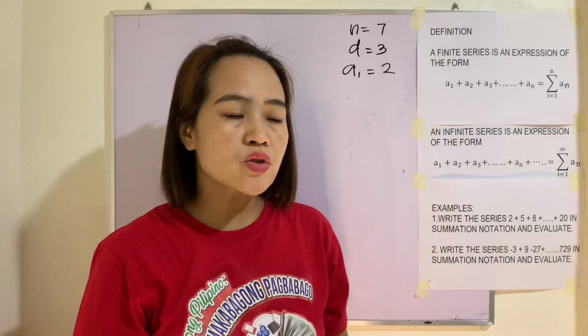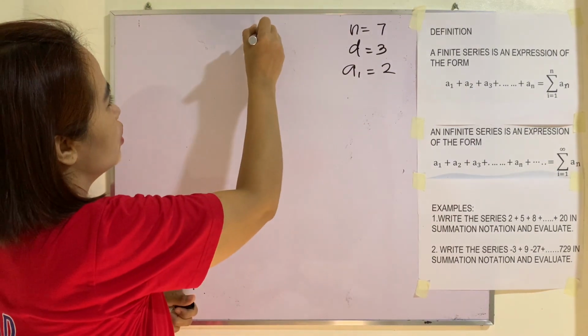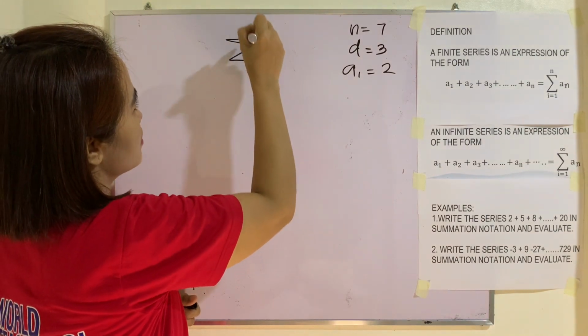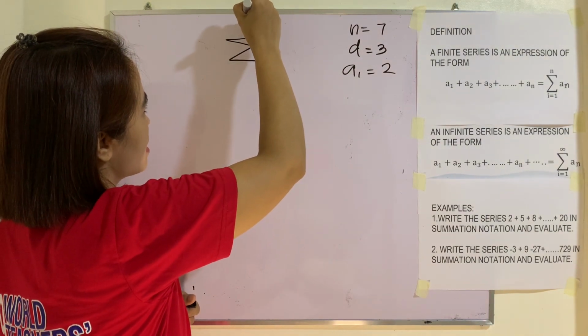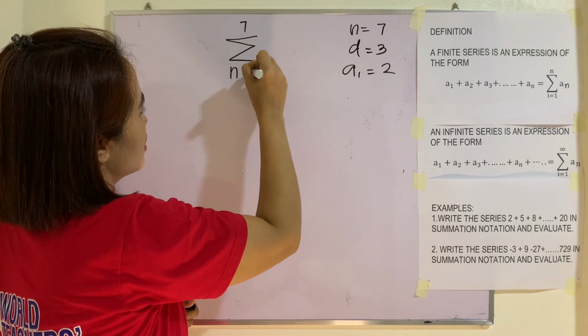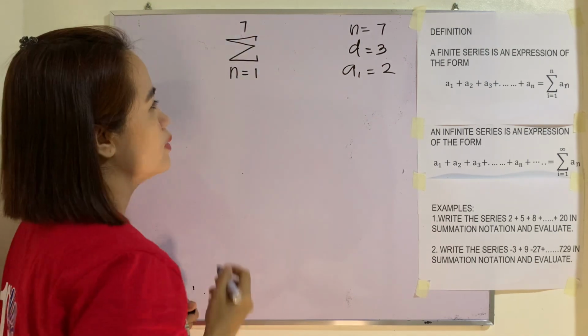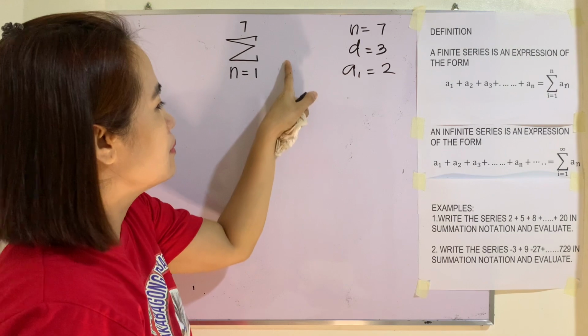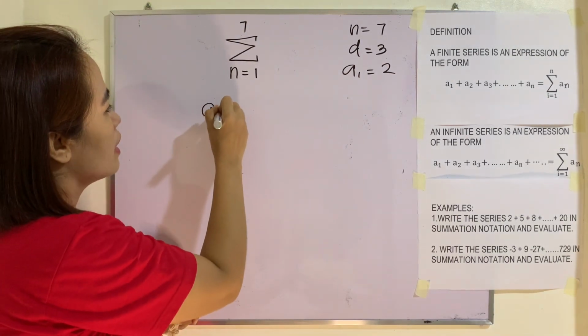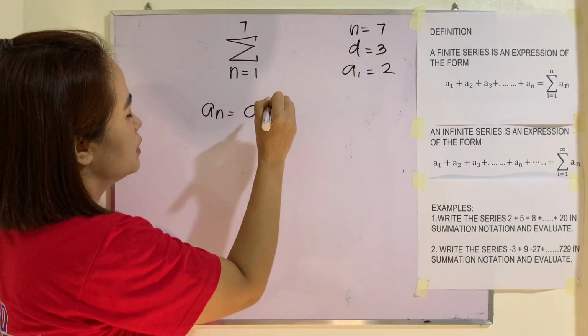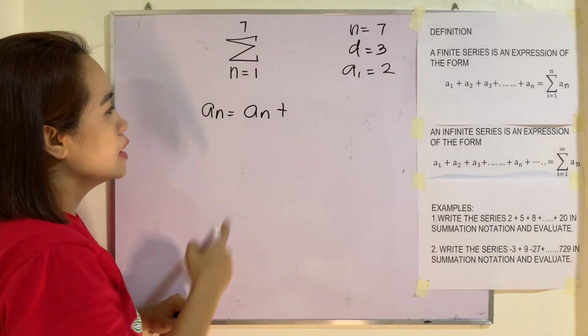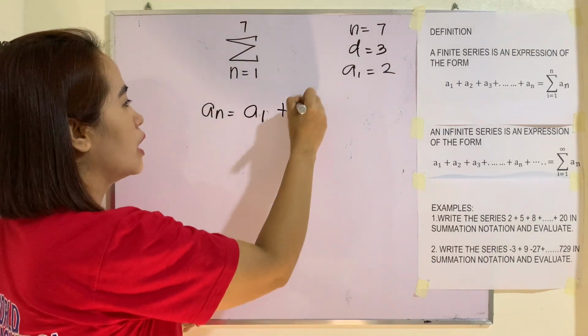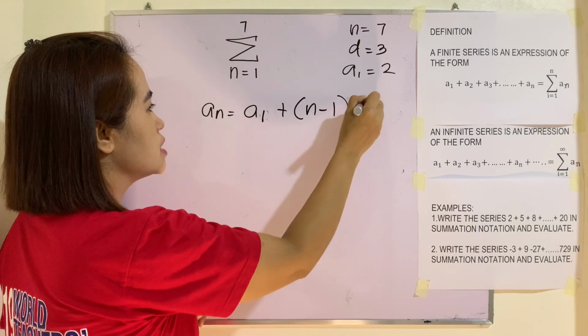How are we going to write this now in sigma notation? Of course, this one is a finite series. This one is n, which is 7, and we start from n equal to 1. How do we get a sub n here? To get a sub n, we need to use the formula a sub 1 plus n minus 1 times d.